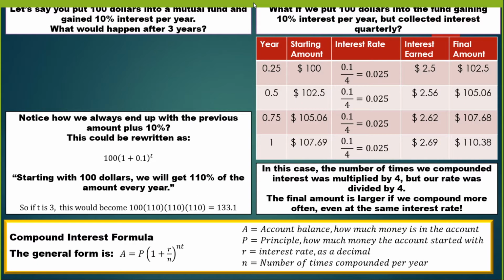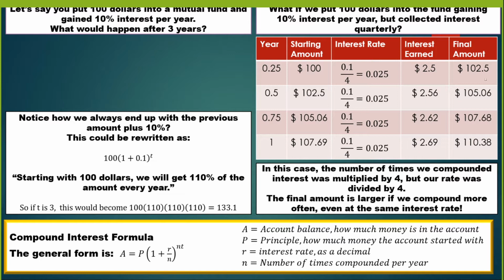Okay, so getting a little bit more real life, while trying to keep my numbers easy to work with. If we compounded our interest quarterly, like you were saying, we would start with $100. But then after the first quarter of the year, we would gain 2.5% instead of 10%.